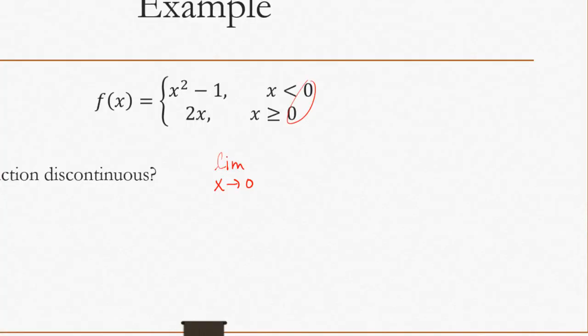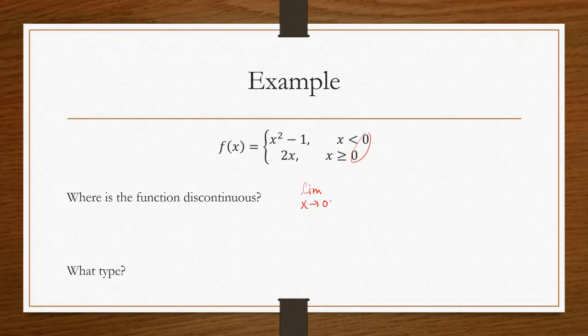As x goes to 0 from the negative direction, it would be x squared minus 1 because that's the piece of the piecewise function I would use. So that limit is -1. But if I take the limit as x goes to 0 from the positive direction, I have 2x there, and that would be 0.